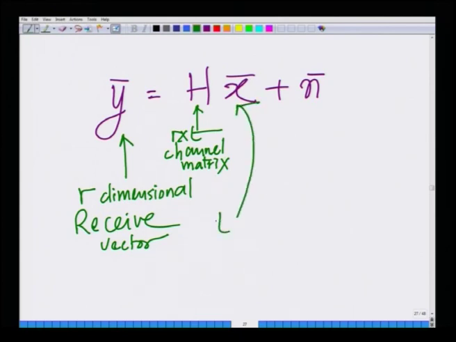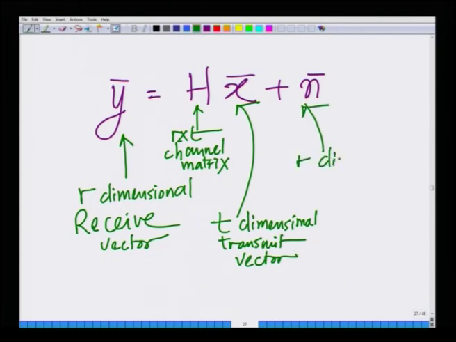X is the T dimensional transmit vector, and N is the R dimensional noise vector. Hence I have Y bar, the R dimensional receive vector, equals H times X bar plus N bar, where H is the R cross T dimensional matrix, X bar is the T dimensional transmit vector, and N bar is the R dimensional noise vector.